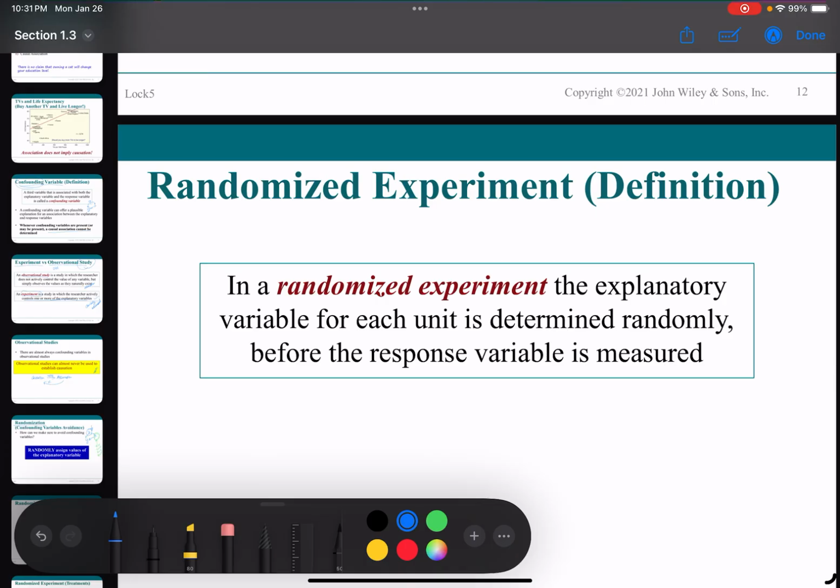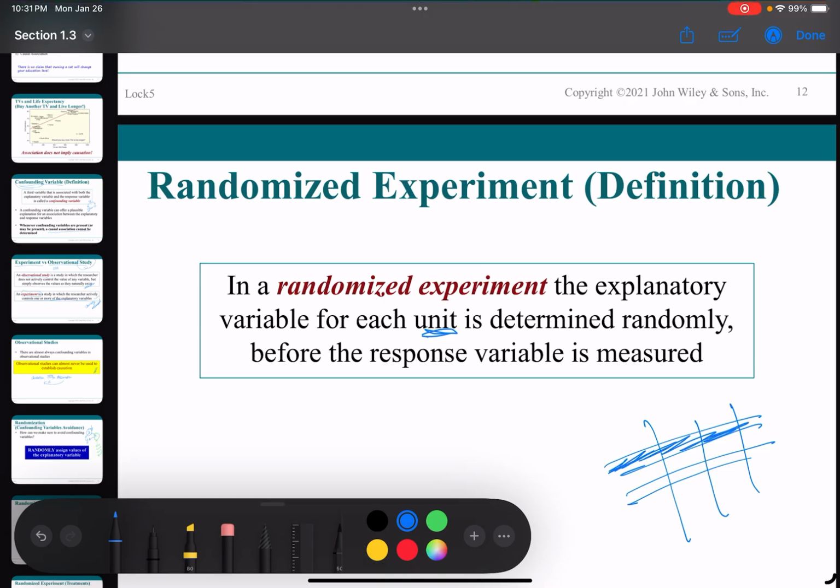Although the researcher controls one or more variables when they collect data, we randomize these experiments. For each unit, you know what a unit is? Unit means each row.